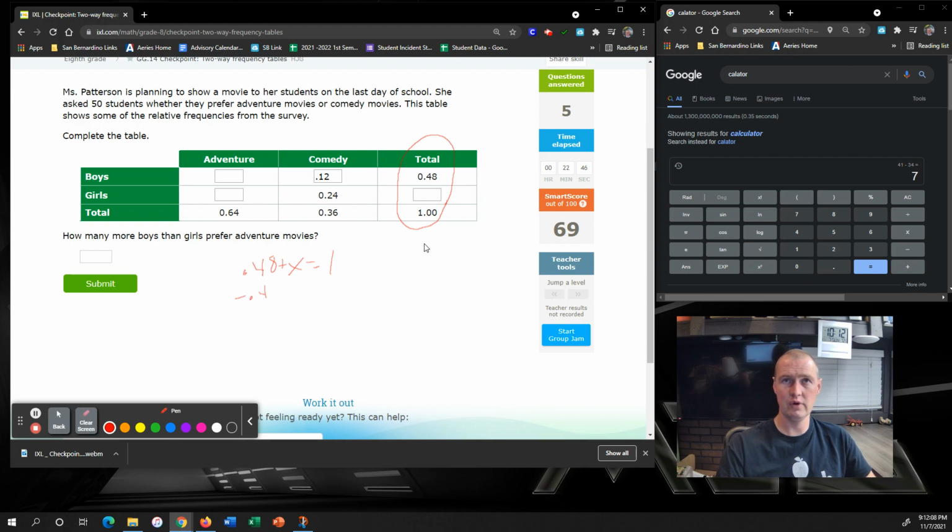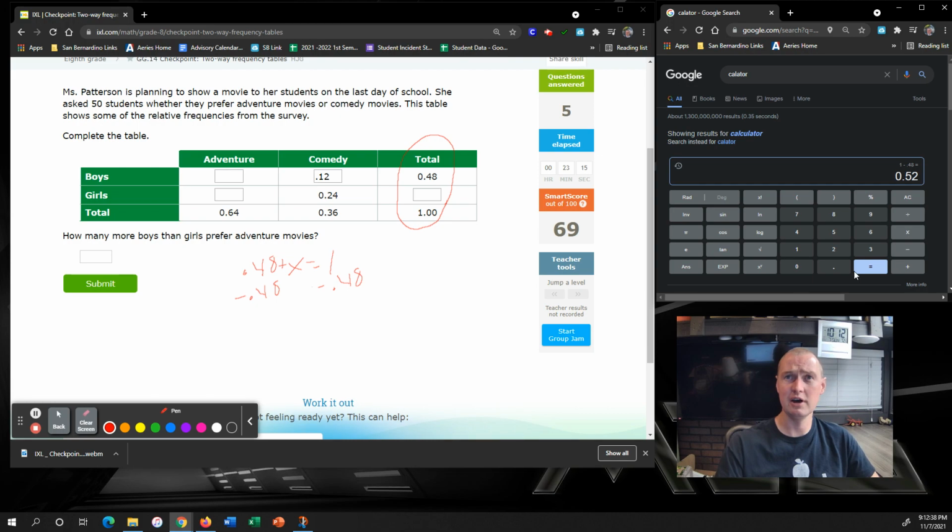Subtract 0.48 from both sides, and just use a calculator on this one. 1 minus 0.48, and there's our 0.52.